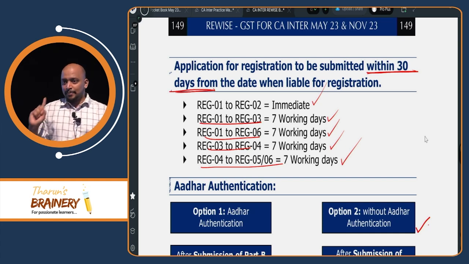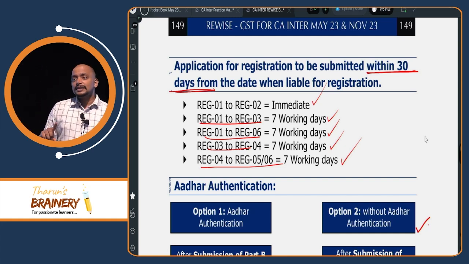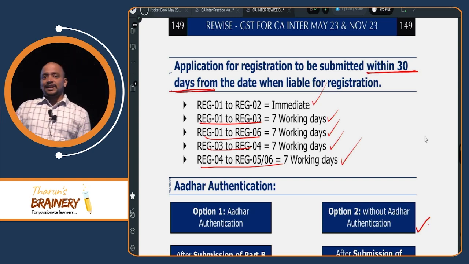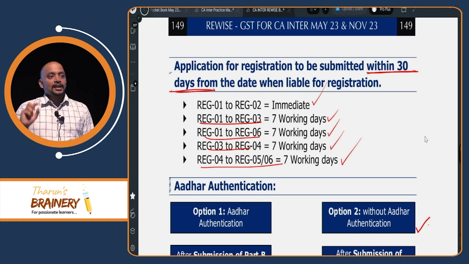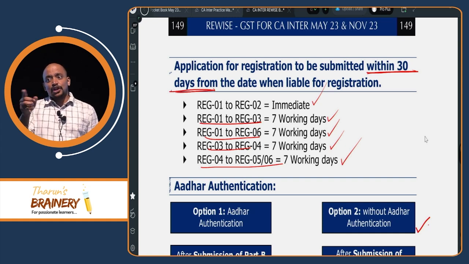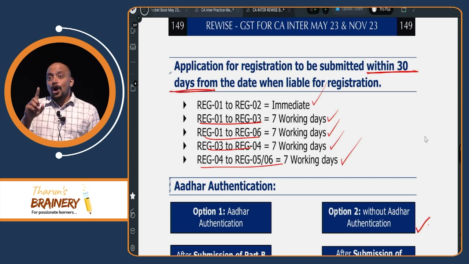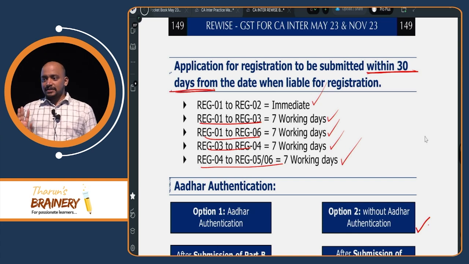Authentication completed and neither notice nor certificate of registration within 7 working days. Then it is deemed registration. Now second point. You submitted application with authentication. That is authentication completed. And you got a notice. After notice, you gave a reply to the notice.